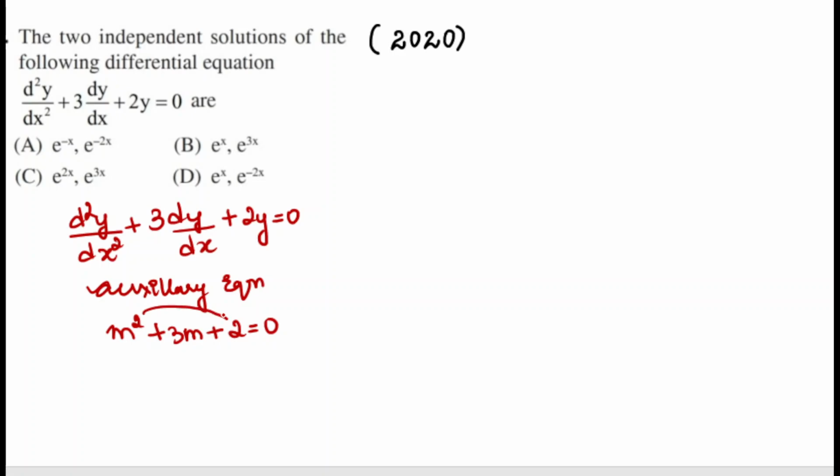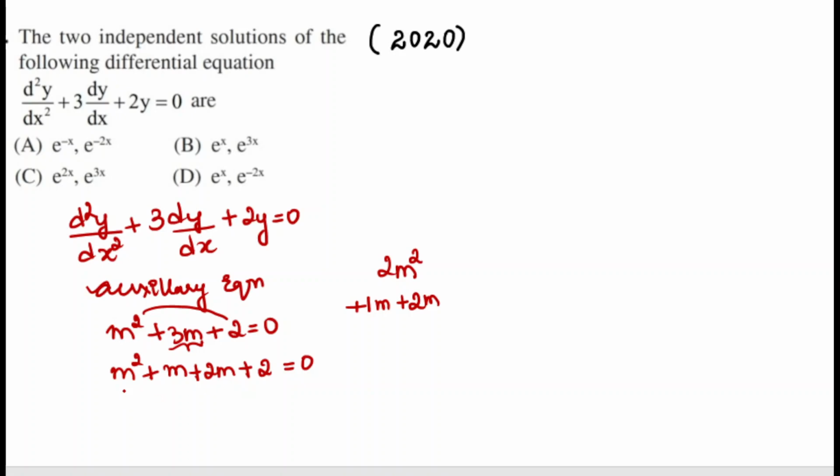Now solving this quadratic equation, replacing 3m by m and 2m, it will be m square plus m plus 2m plus 2, which is equal to 0.